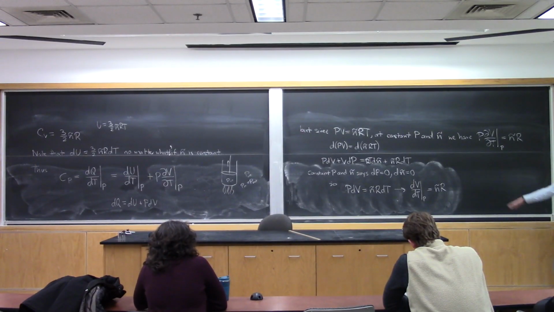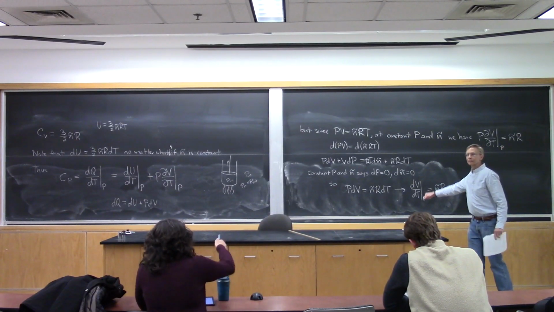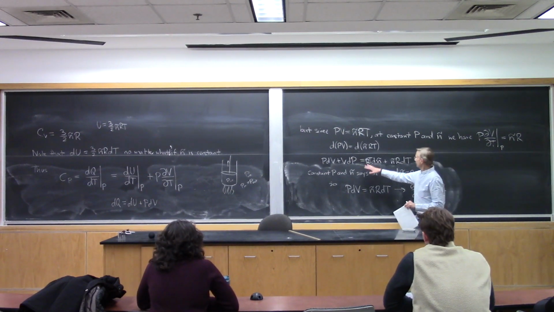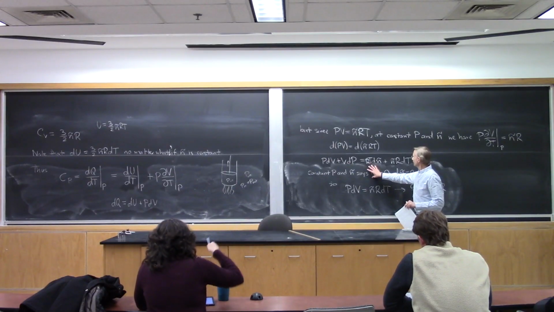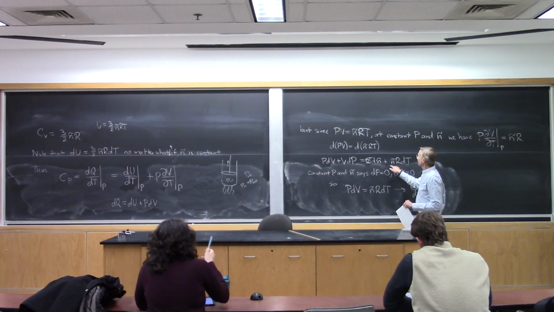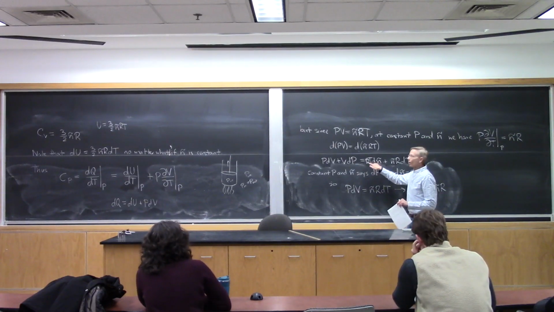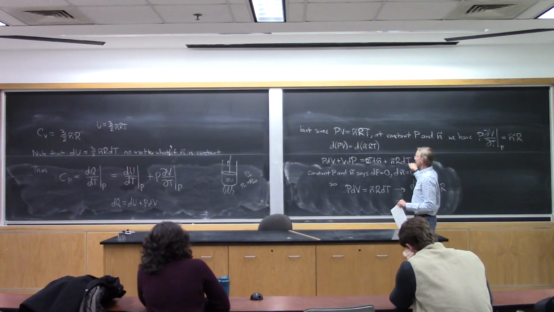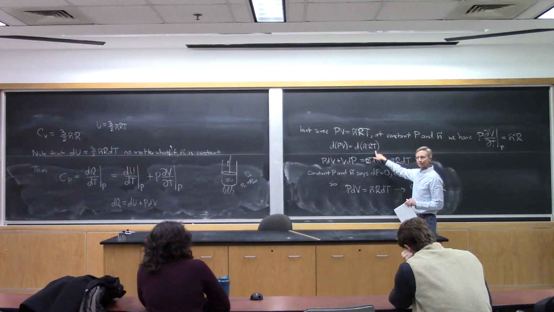And generically, this is what you would have. A question: after equal to on the third line, what is it? Right here, dP is equal to 0. Okay, right here, RT dN tilde plus N tilde R dT. So I'm just taking the differential of that quantity, right?